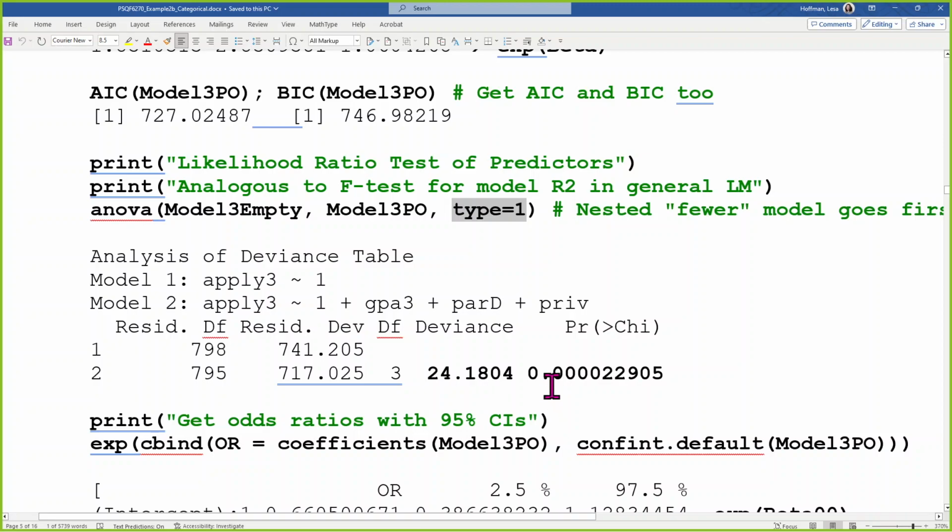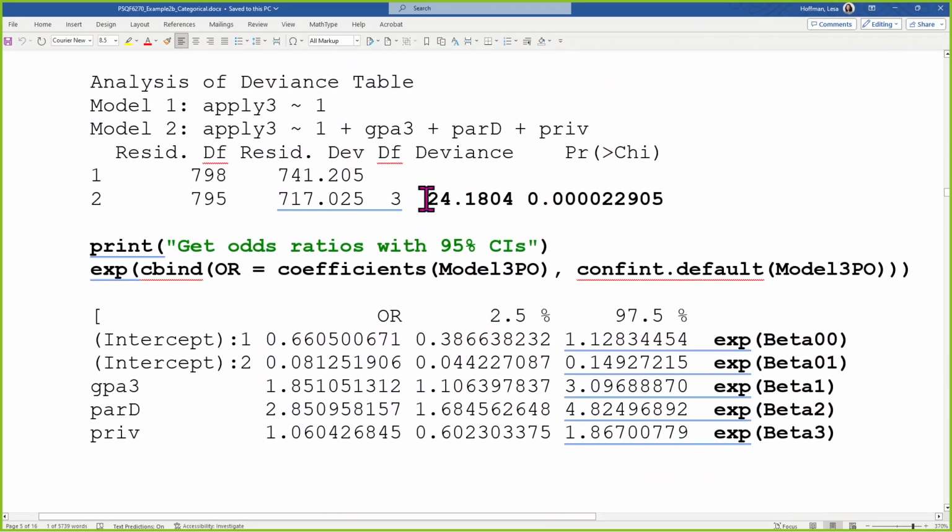A likelihood ratio test statistic, like the result of the -2 log likelihood, is treated as a chi-square. So the difference in -2 log likelihood between the empty model and this model is 24. So that is the test statistic, like a chi-square test statistic. That's how people would report it.